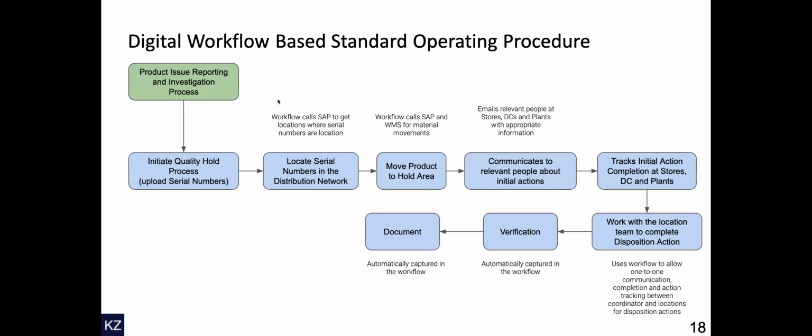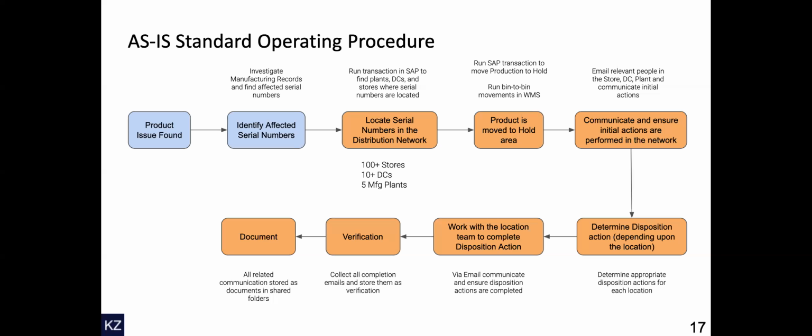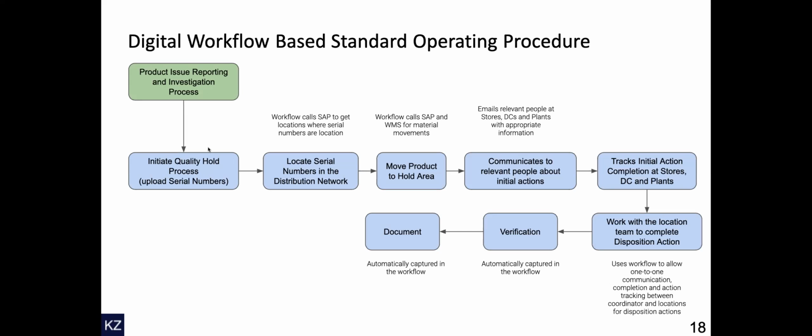What they've done is made this into a digital workflow. There is a previous process where the issue is reported by the site, and the investigation process finds out all the serial numbers, okay? So the quality hold starts with the person that wants to initiate the hold uploading the serial numbers.